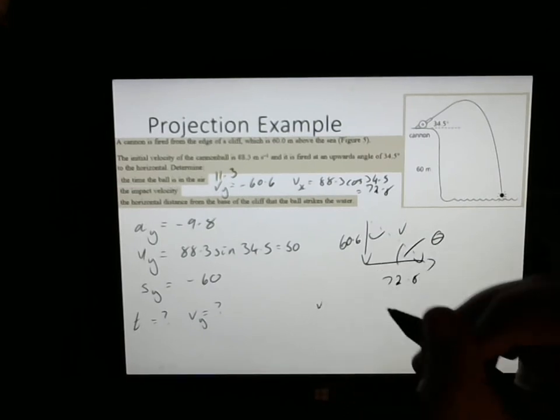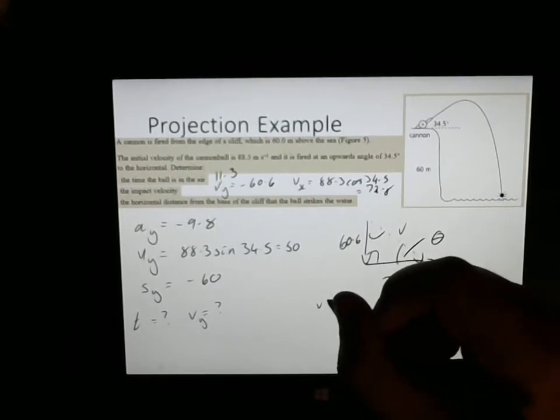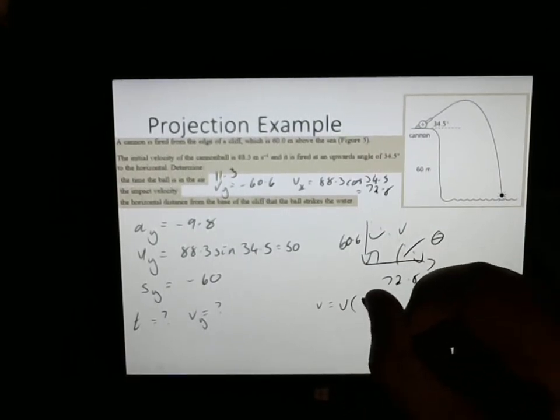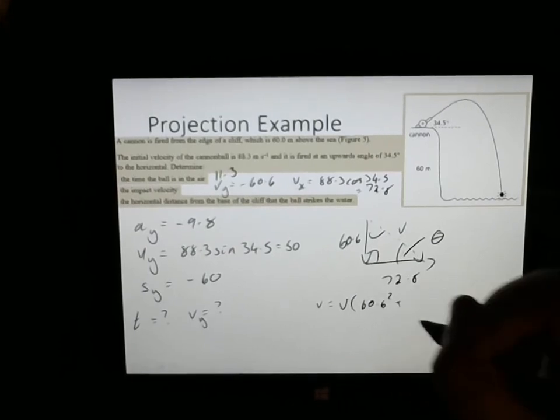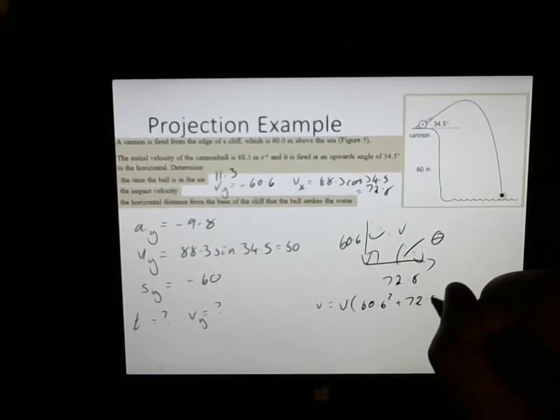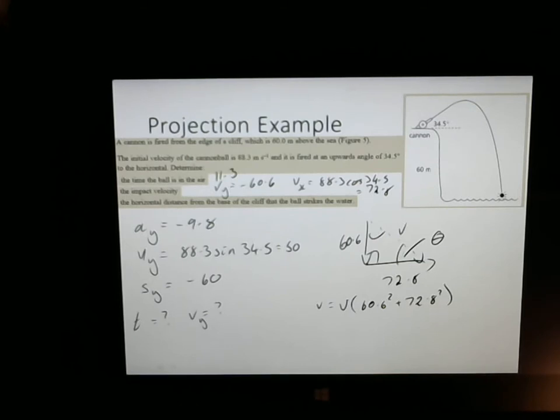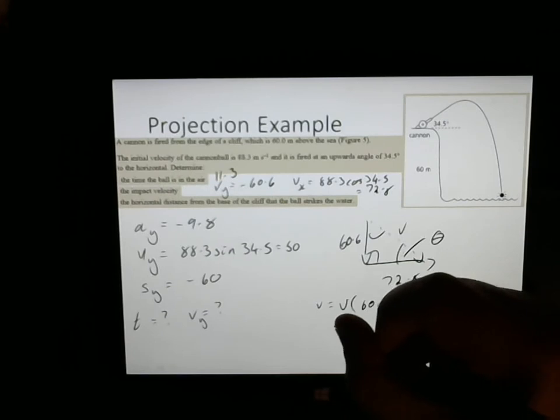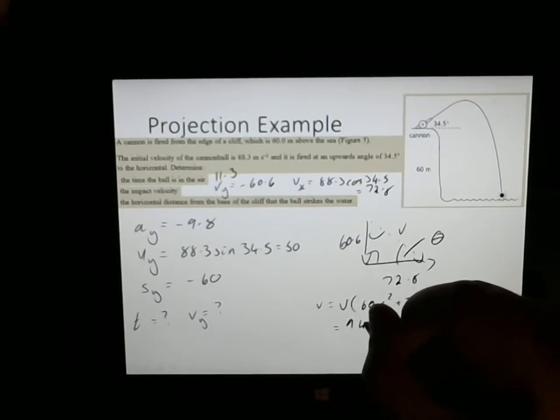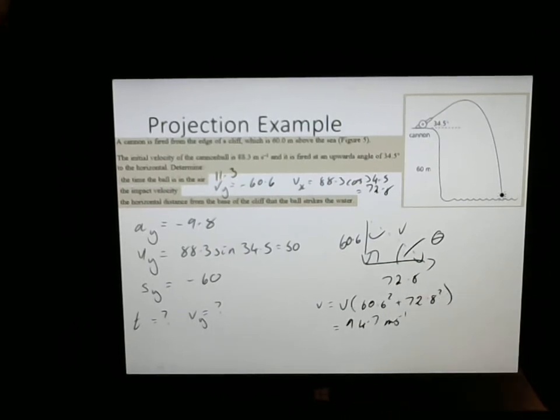V square triangle, this triangle, we know this, square root 60.6 squared plus 72.8 squared. 60.6 squared plus 72.8 squared, and I take the square root of the answer, gives me a final velocity of 94.7 meters per second.